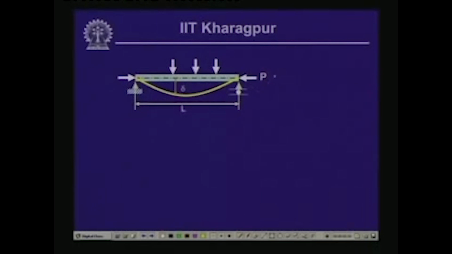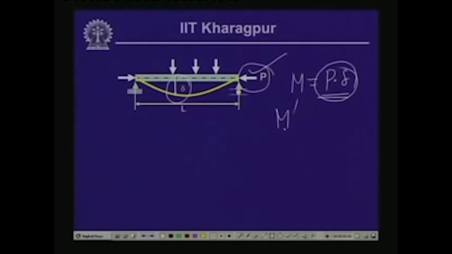It means that if you have the axial pull and your deformation is large, now at any point where the deformation is delta, you will have a moment m because of this P, equal to P times delta. Now, if we add this moment to the bending moment, let us say m dash, with suitable sign plus or minus, and if m and m dash are comparable because of this large deformation, then this superposition of stresses will not be allowed.